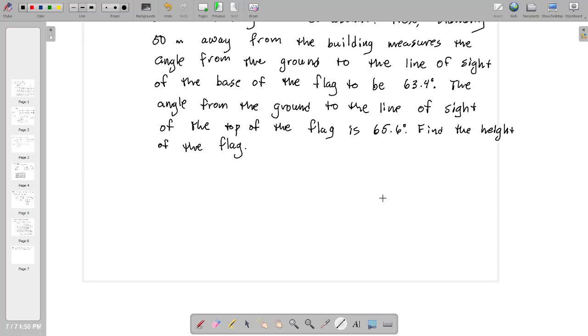Go ahead and draw a picture really quickly here. Suppose this is our building, and then we have our flag. Rex, over here, measures, or so remember, he's standing 50 meters away.